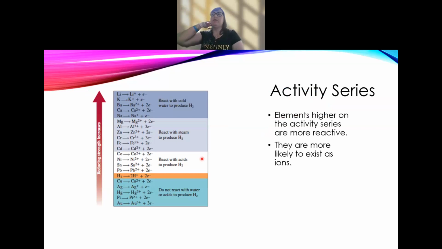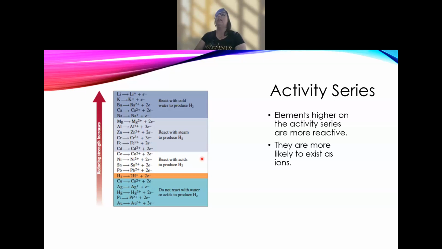Now we can talk about an activity series. So when we have an activity series, you'll see that we have a bunch of reactions where we are looking at reductions. They're all set up as reductions. So the way that this is ordered is that the reducing strength increases as we go up. What that means is that anything that's higher on the table has a greater desire to lose electrons.